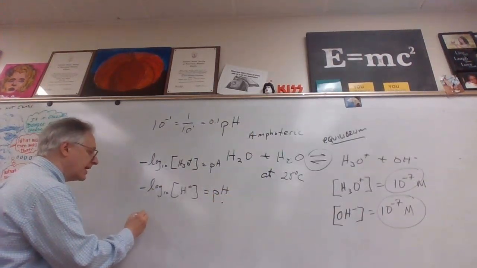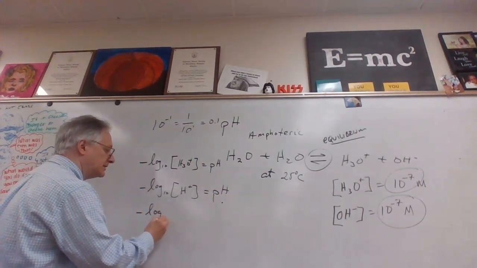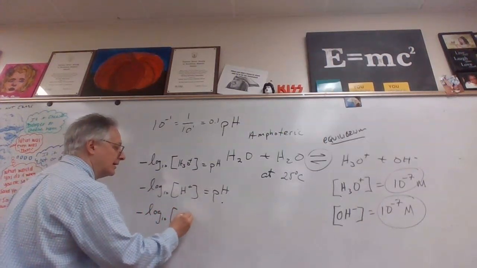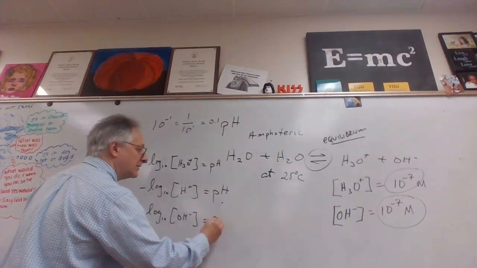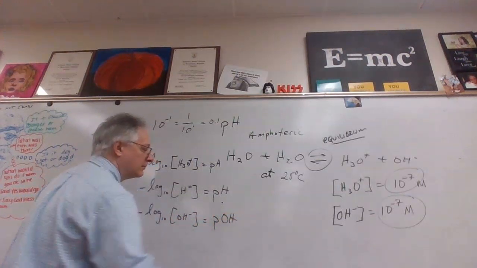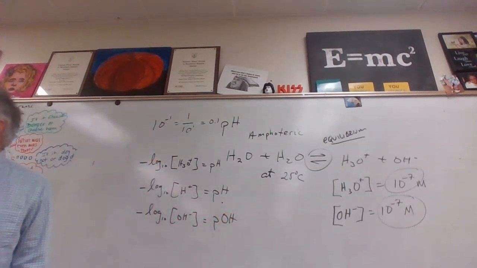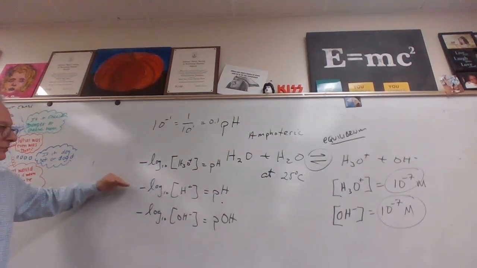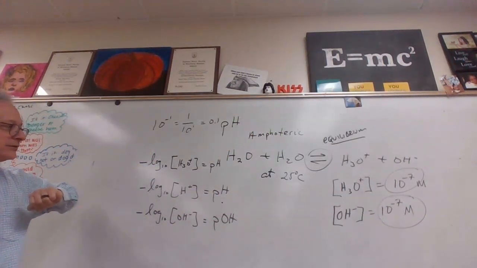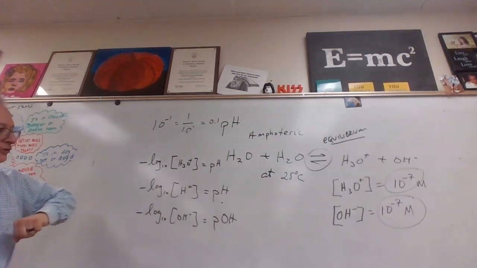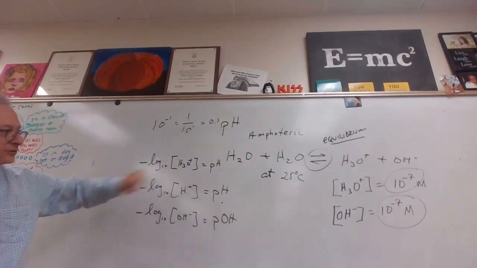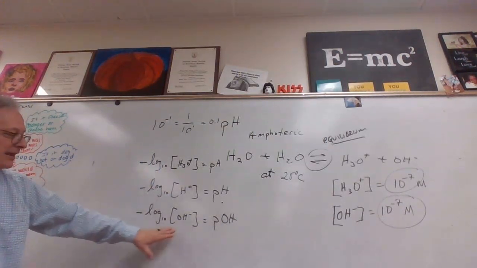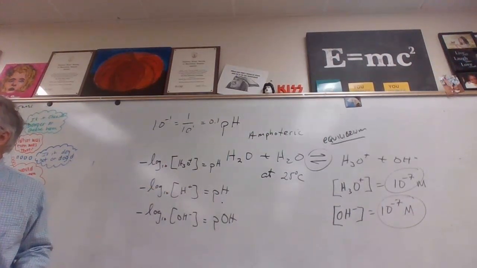We can also say the negative log base 10 of hydroxide gives us something called pOH. And that's going to become important a little bit later. So pH is the negative log of the concentration of hydrogen ions in molarity, concentration of hydronium means the same thing, and then we can also do pOH.